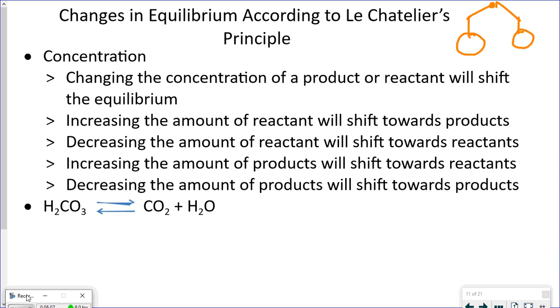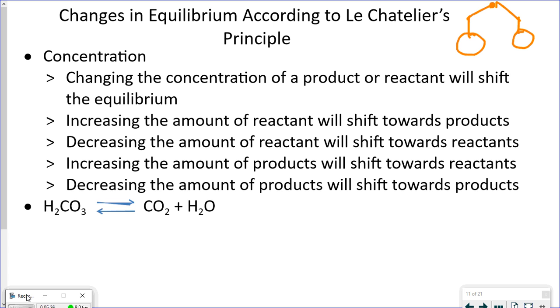So if you increase the amount of reactant, so if you add something to the plate on the left, the plate on the right will raise up, and in order to reestablish equilibrium, you need to make more products and add something to that plate on the right so that they will balance out. So there was an overall shift towards the products to produce more products.